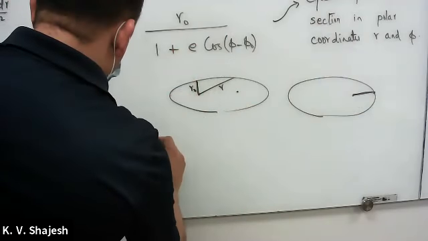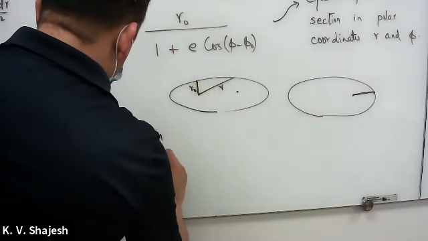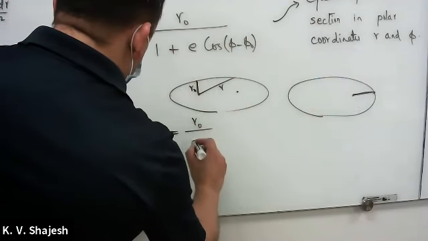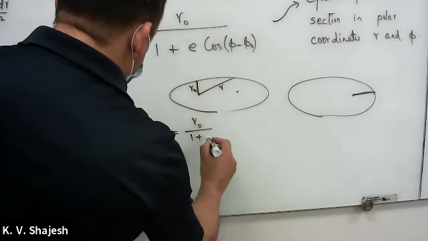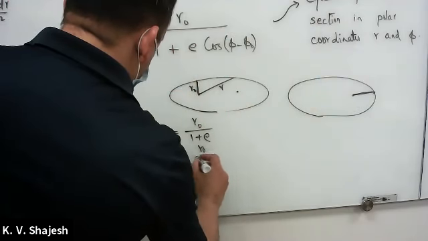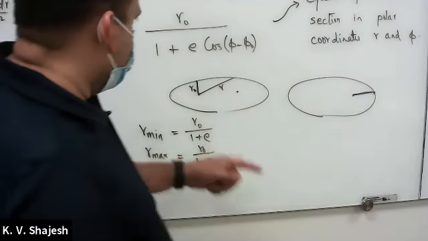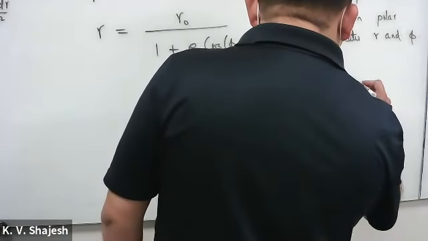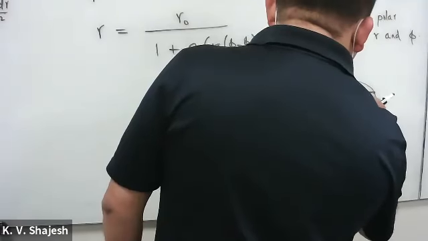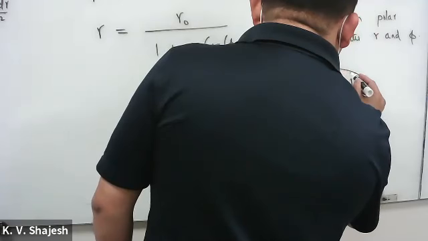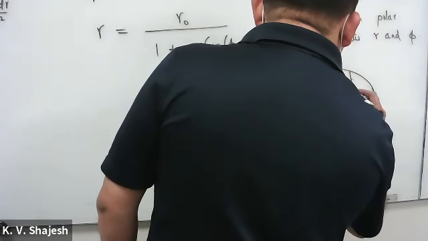So R minimum and R maximum are R naught over 1 plus E and R naught over 1 minus E. But that still doesn't tell you that this is R naught, which is greater than this. If you draw this ellipse correctly, this has to be larger.